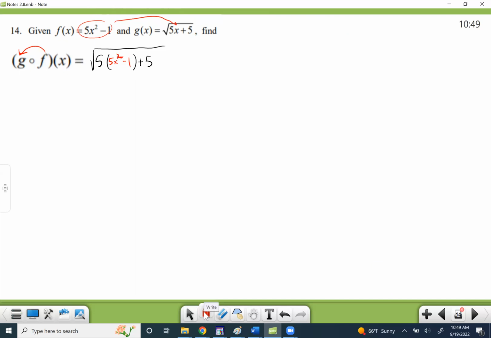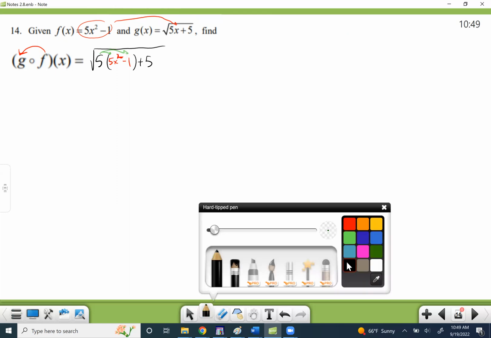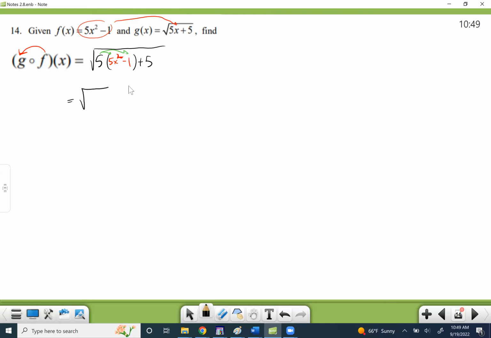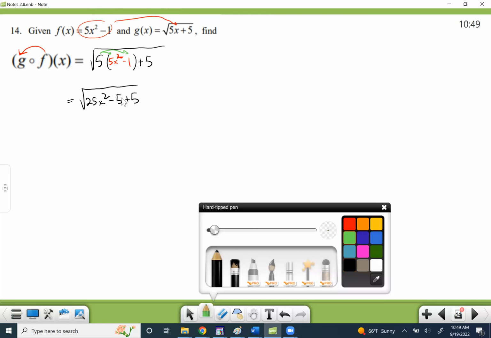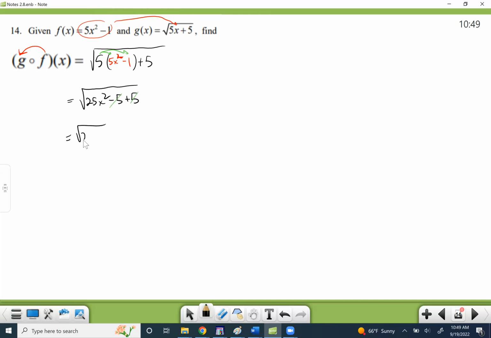Okay. So distribute. 5 times 5 is 25. 5 times 1. Okay, these are going to cancel with each other. So we get the square root of 25x squared.